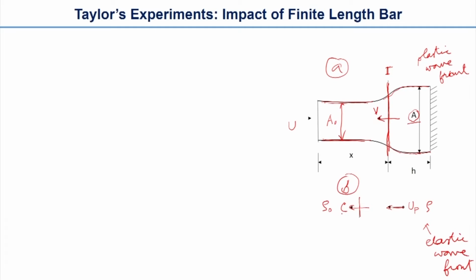But in the other case, in diagram A, the rho on both sides of the interface are the same. So this rho and this rho are both equal. But in the elastic wave case, the compressive elastic wave changes the density.